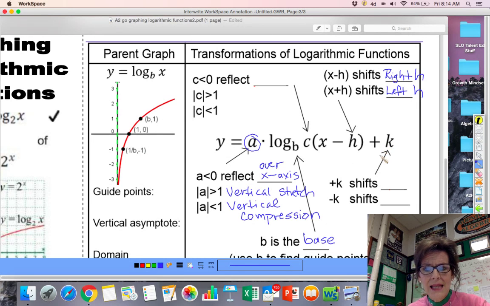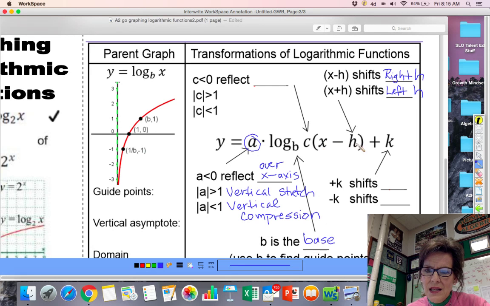The plus k at the end gives us our vertical shift up or down. On the log function, it also allows us to know where the vertical asymptote is. So plus k, wait, I think I said that wrong. I did say that wrong.